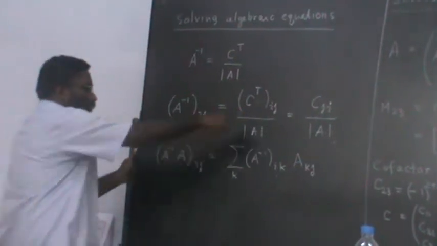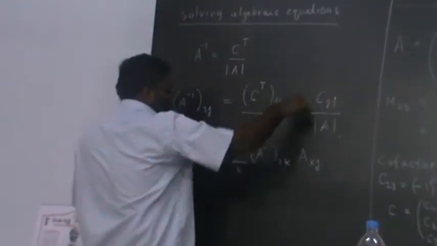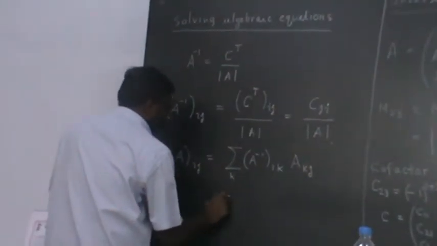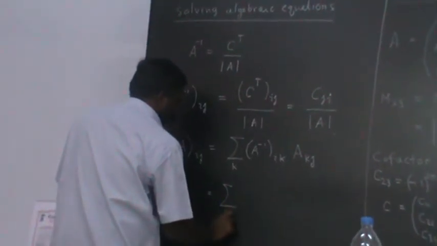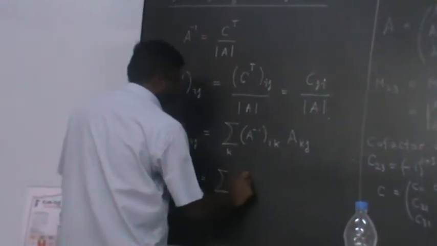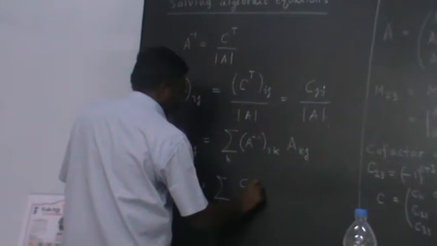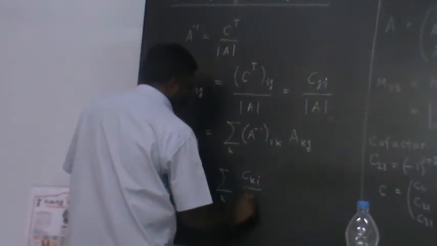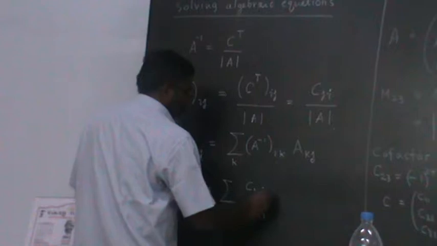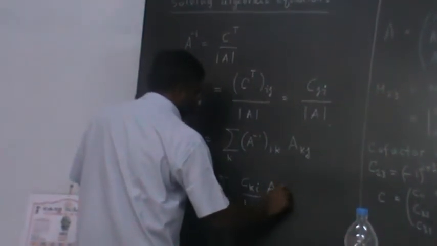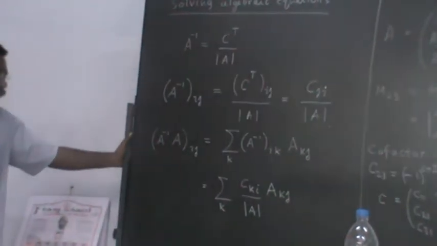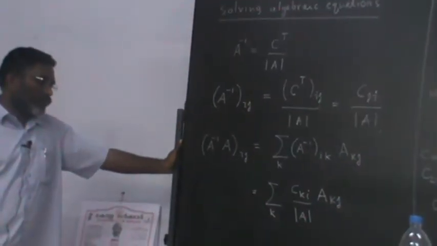Now this is what I want to verify, whether this is correct or not. So let me write down A inverse of ik as Cki divided by the determinant of A, into Akj. Cki into Akj.